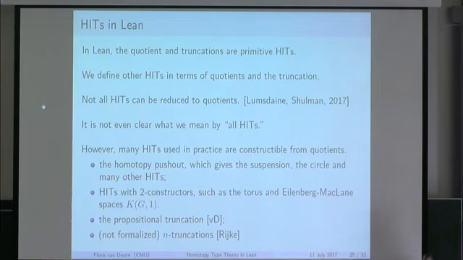They add paths between two paths, and that allows you to construct, for example, the torus and Eilenberg-MacLane spaces. And using just the quotient, you can also construct the propositional truncation. Egbert Rijke has proven that you can also construct n-truncations this way. This is not yet formalized, but if we formalized this in Lean, we could even choose to remove support for truncations in Lean and just have the quotients.